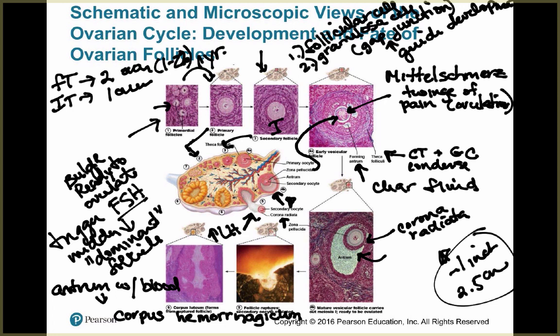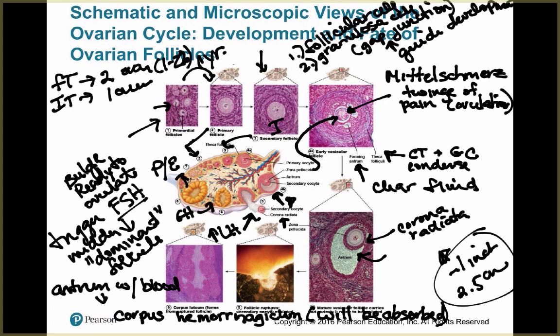But this essentially will be absorbed. Now, the remaining granulosa cells and these thecal cells enlarge to become the corpus luteum. And basically, this is important because it will secrete progesterone and some estrogen.